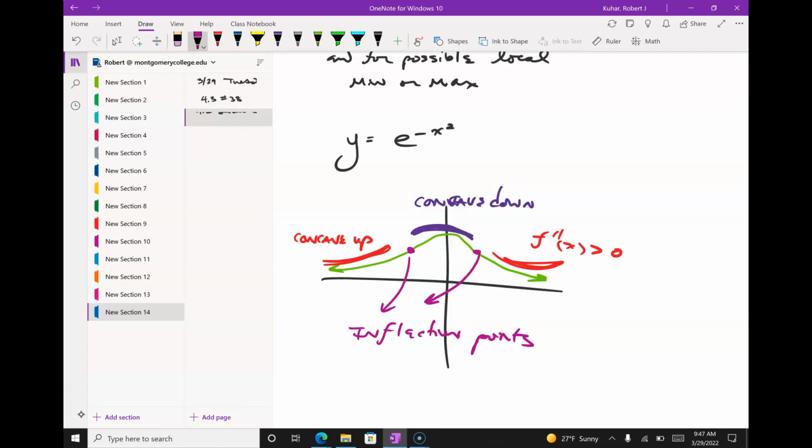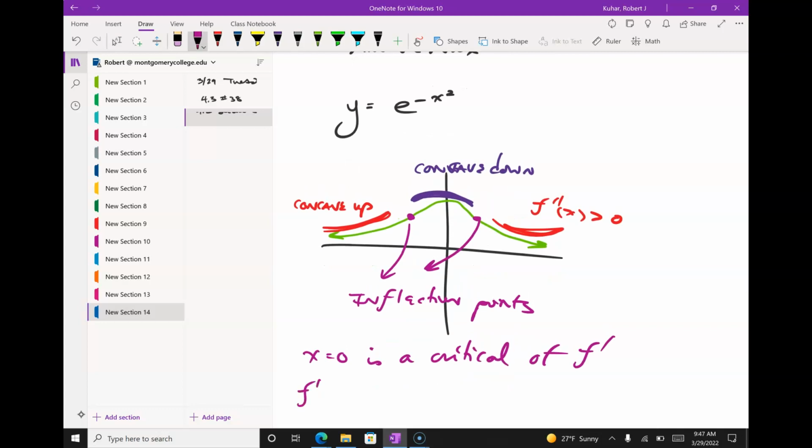Notice the first derivative, we said we had a critical value of 0. Look at the sign I'm going to get when I put that critical value in the second derivative. So x equals 0 is a critical value of f prime. f double prime of 0 is what? Positive or negative?